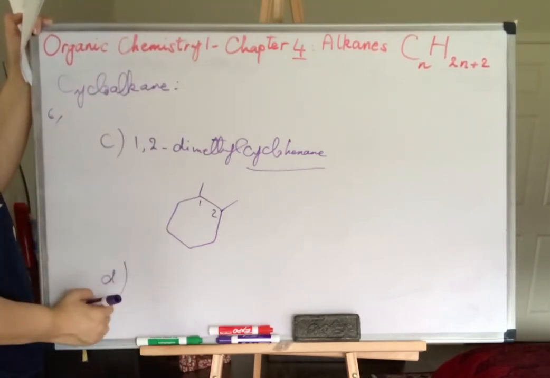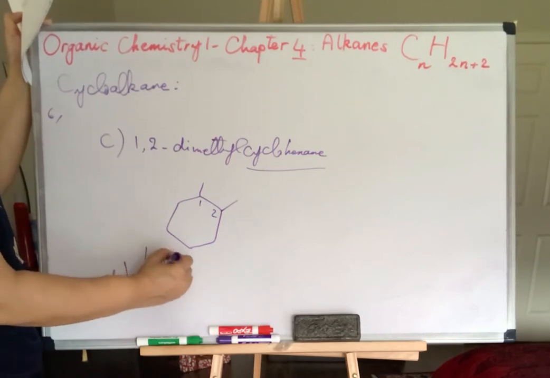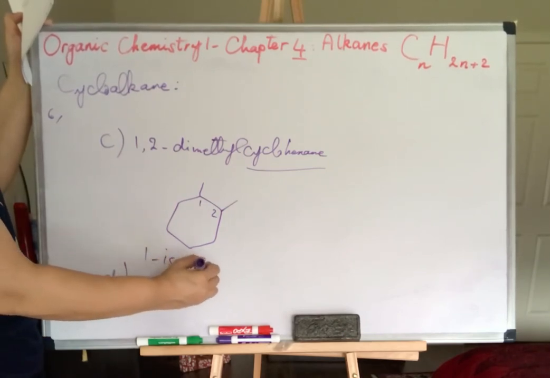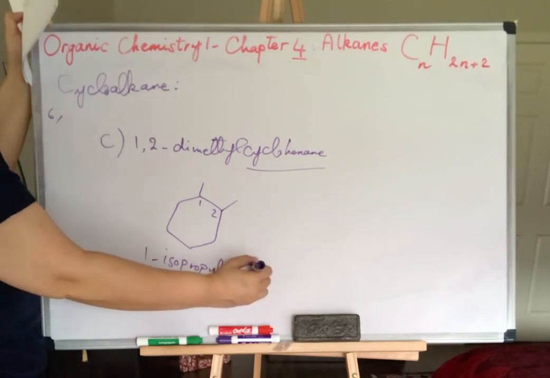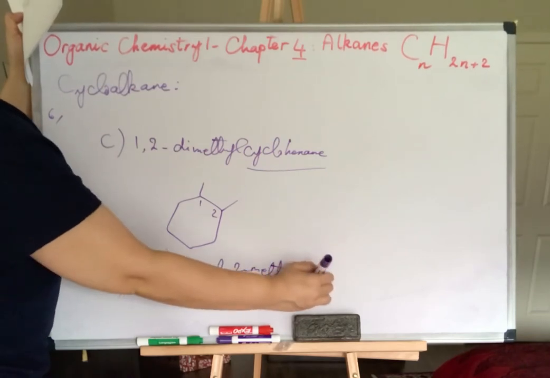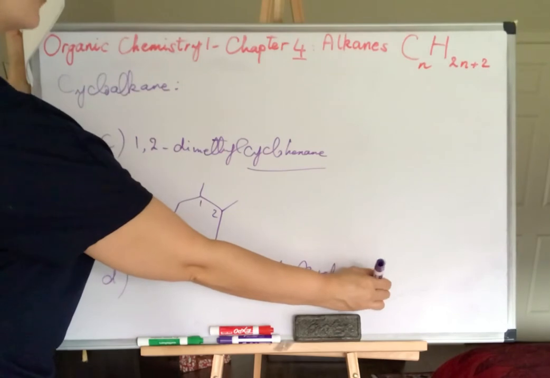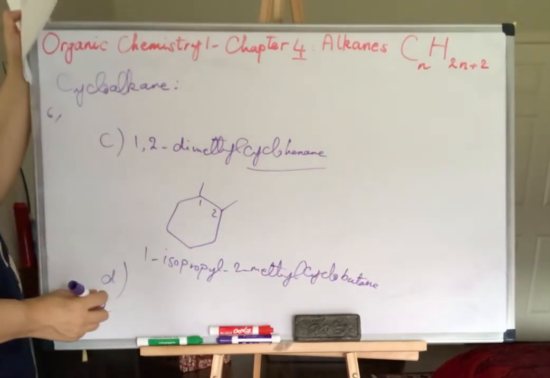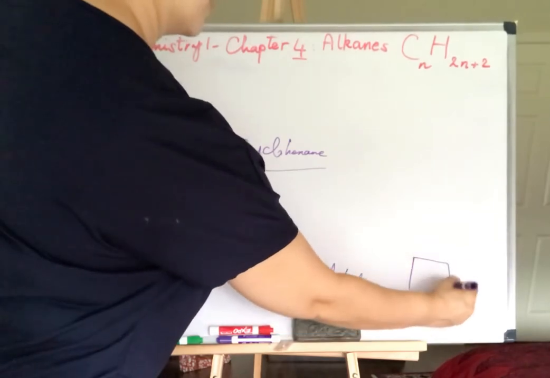Working on D, 1 isopropyl, methyl cyclobutane. So drawing the cyclic compounds is not difficult. It's a butane, 4 carbons, so it looks like a square.